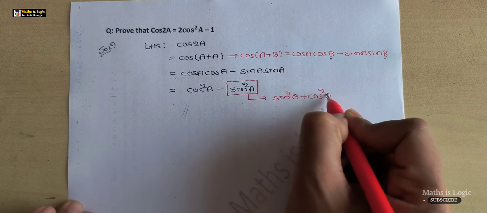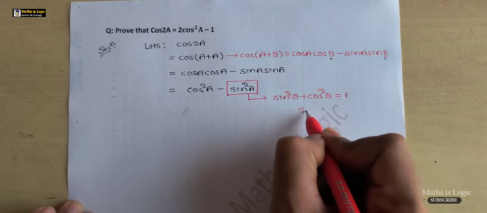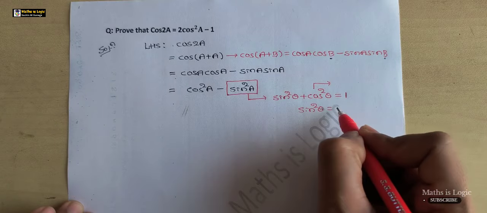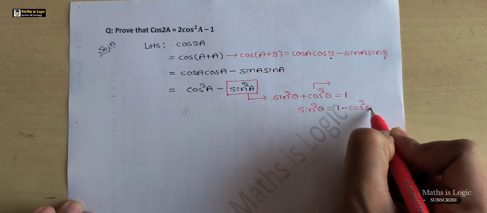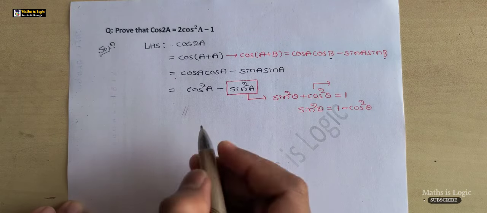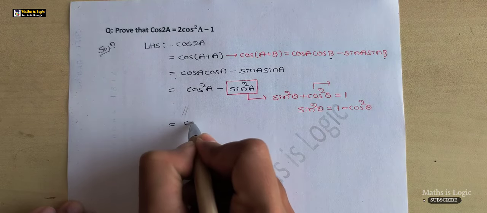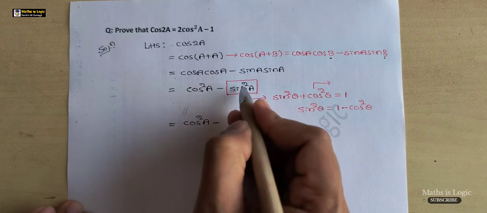What is that? Sin square theta plus cos square theta is 1. So here if I keep sin square theta as it is, if I shift cos square to the right hand side, plus cos square becomes minus cos square theta. Now replace: this cos square a, keep it as it is, minus also keep it as it is.